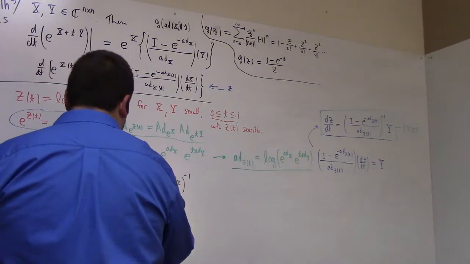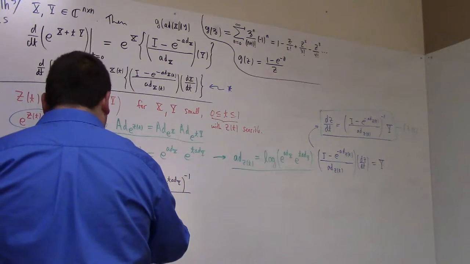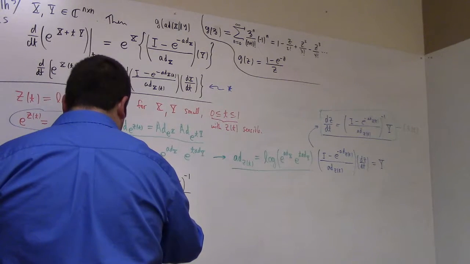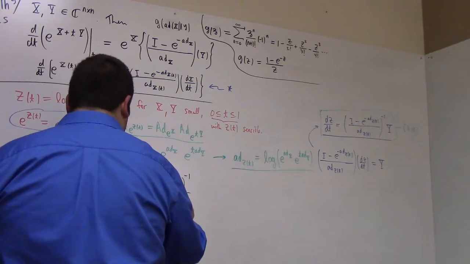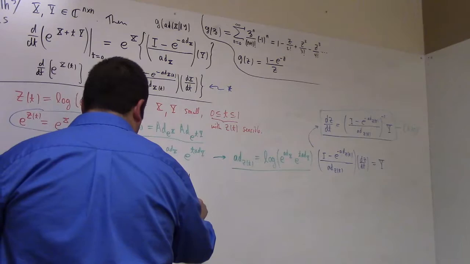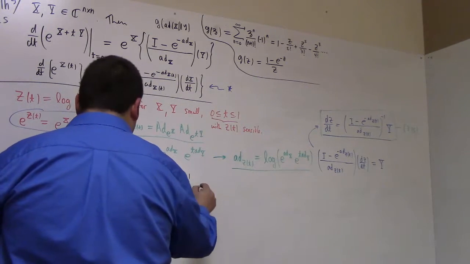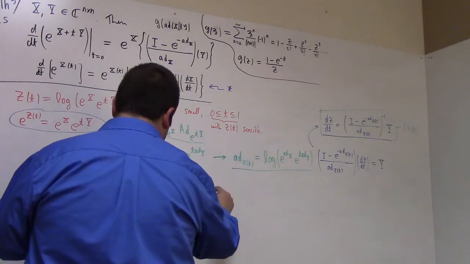And then downstairs you've got log of e to the add x, e to the t add y, and all that acts on x and y. All right, great.